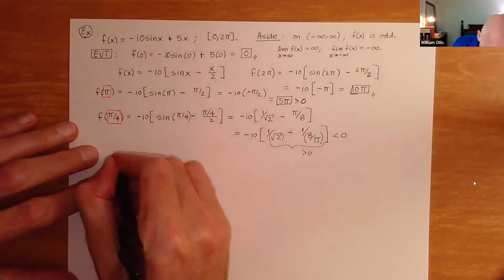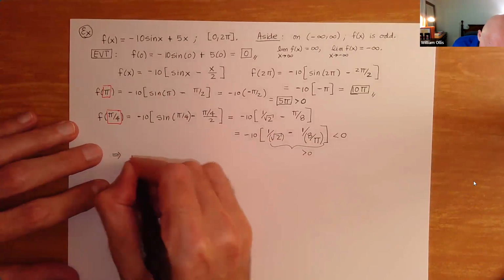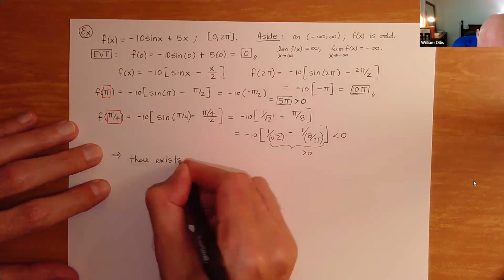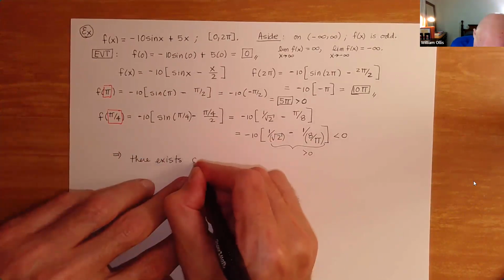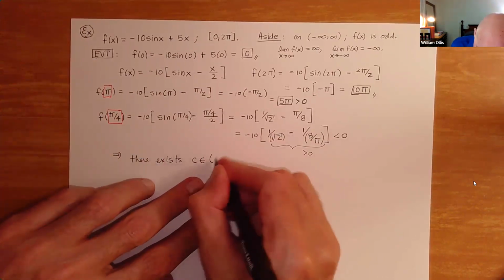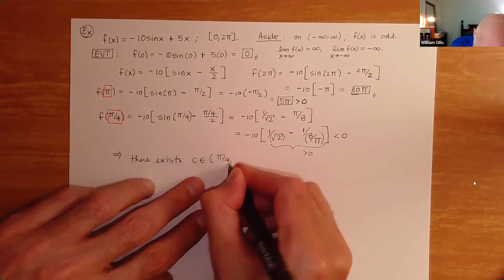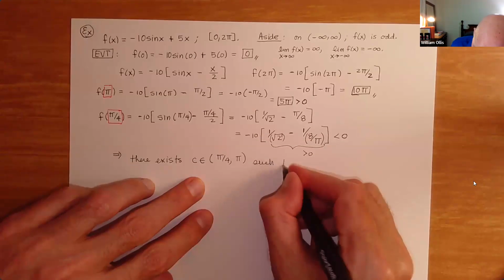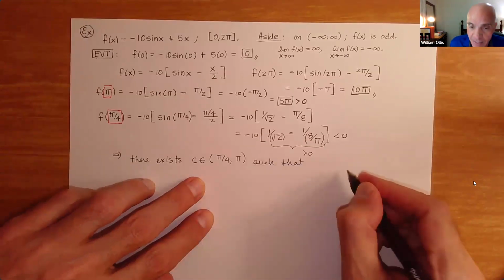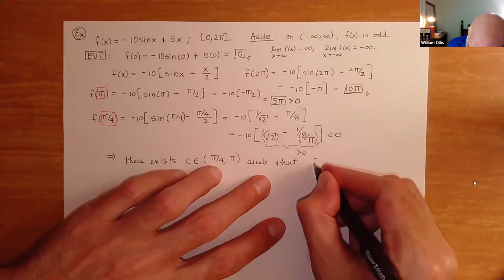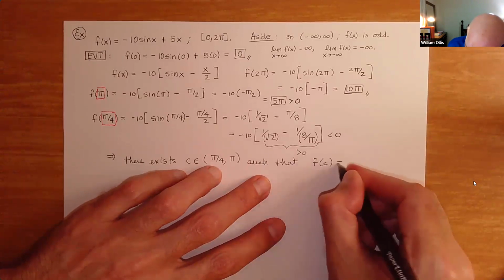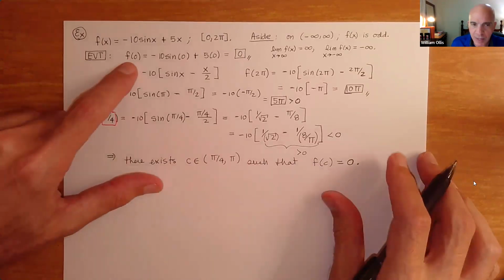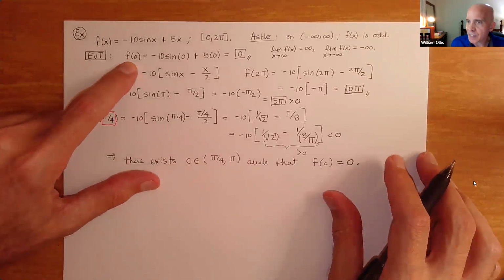So this implies that there exists, and we'll see if there are more, there exists C between pi over 4 and pi, such that, in this case, f of C equals 0. So we get another 0 other than 0, and that's important.